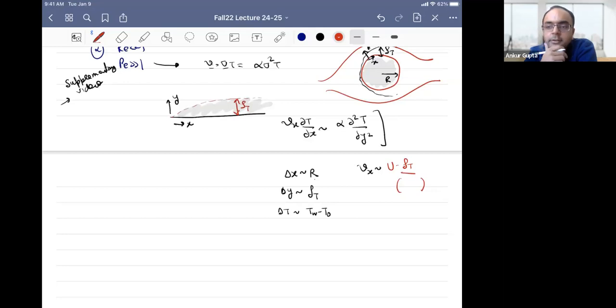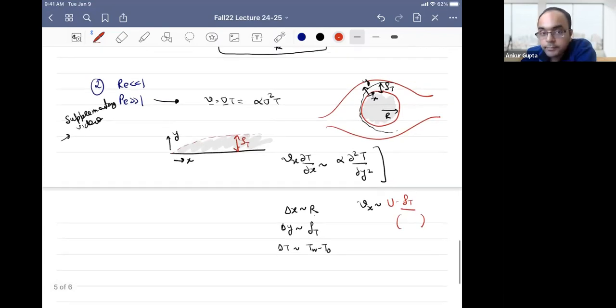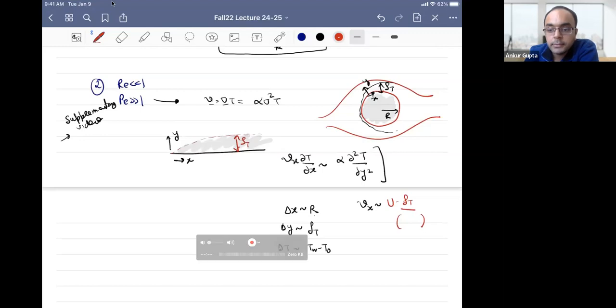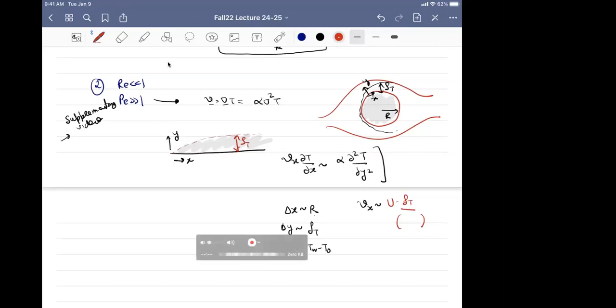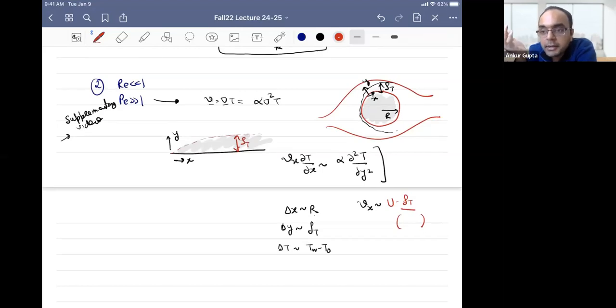Any ideas, thoughts? No guesses? Would it also be R, the radius? Yeah, right. There is no momentum boundary layer, it's a creeping flow, so there is no other length scale that can come in. It has to be only the radius.